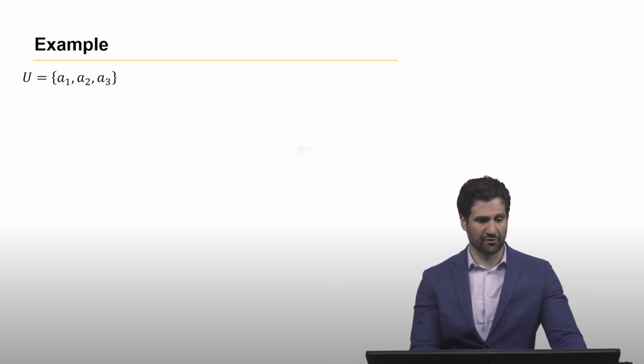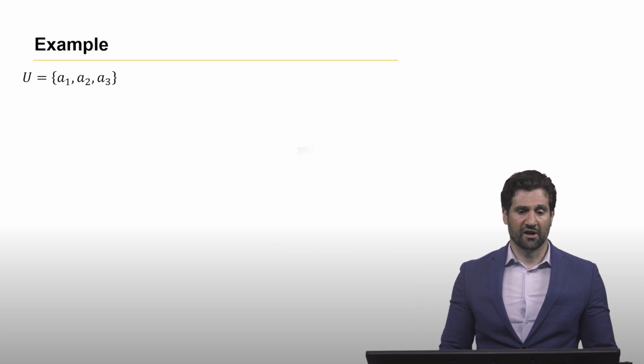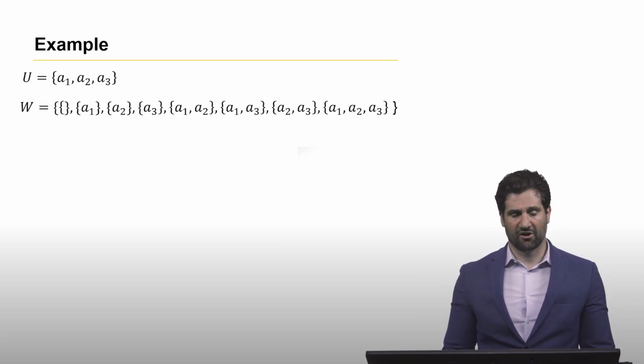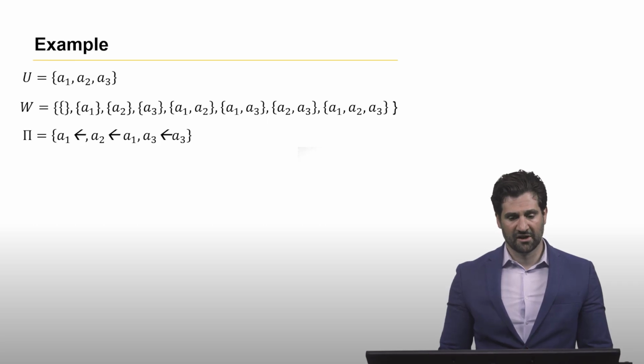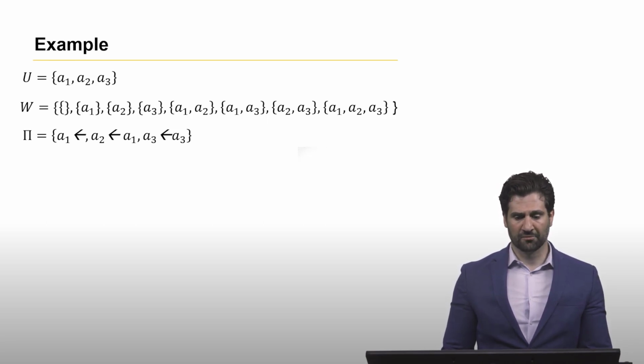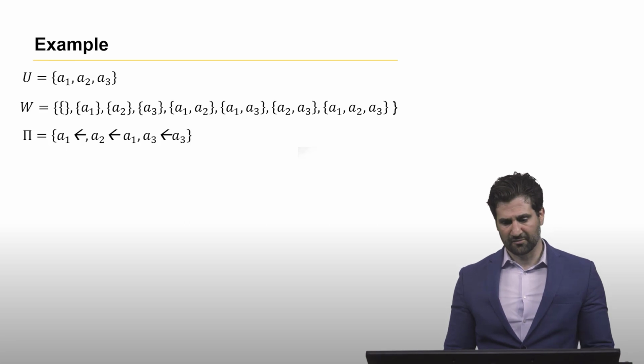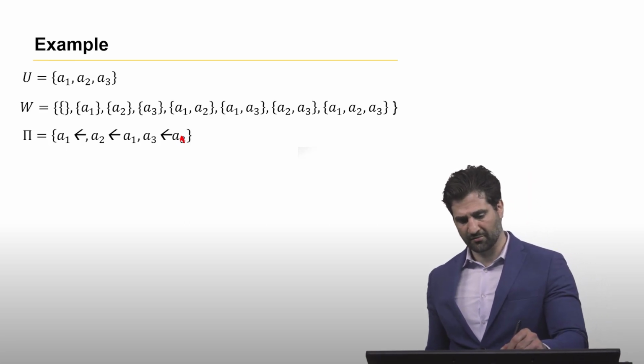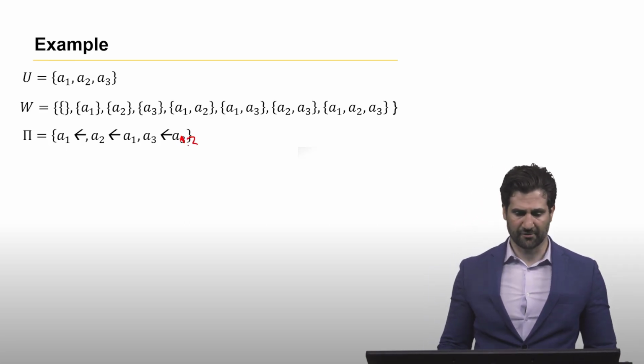Here are some examples. Let's say we have a universe of atoms A1, A2, A3. Here are all our subsets again. And let's say we have this logic program pi, and it has a fact A1, a rule A1 to A2, and a rule, that should actually be A2 to A3.